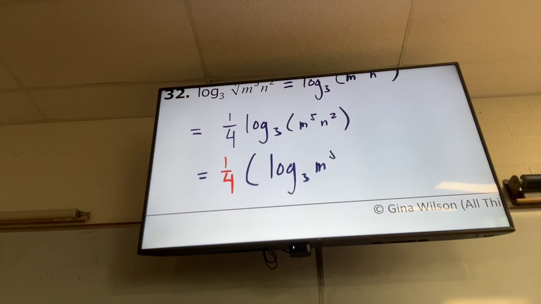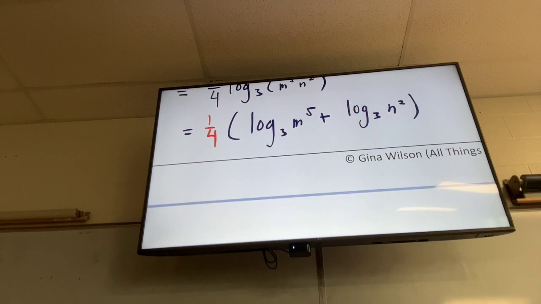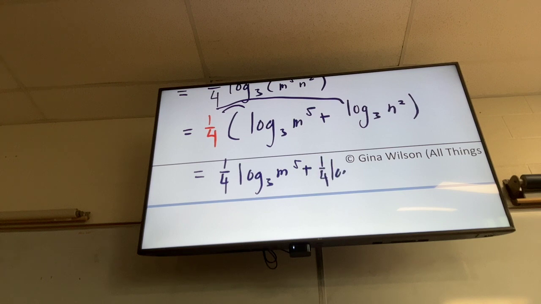Plus. Just make sure you do it in parentheses. If you forget your parentheses, it's going to be wrong. So distribute 1/4. 1/4 log base 3 of n to the 5th plus 1/4 log base 3 of n squared.